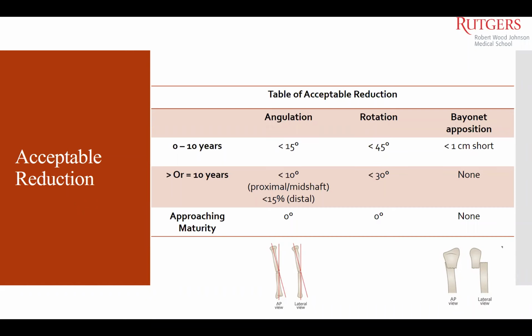For rotation, we accept less than 30 degrees, and we don't really accept bayonet apposition after 10 years. Again, some of these are flexible and controversial, and people do accept more or less depending on their preferences and experiences, but these are the general guidelines. As you approach skeletal maturity, you need a perfect anatomical reduction to ensure adequate range of motion.